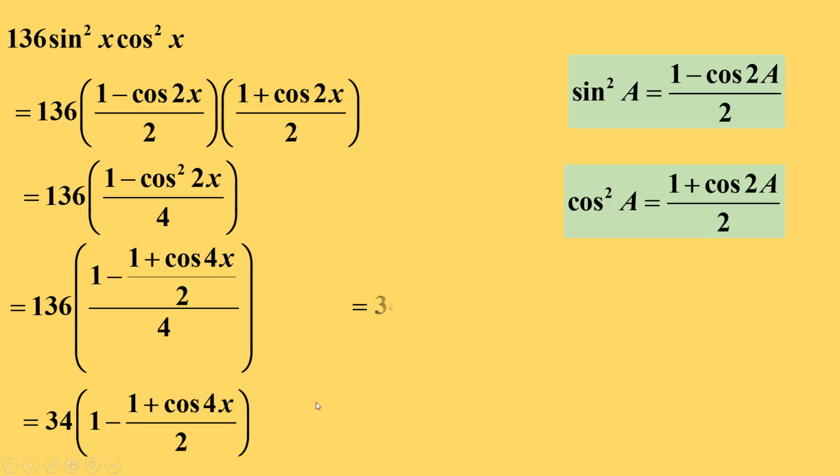Then I just need to finish simplifying this. It's 34 minus 17, because 34 divided by 2 is 17, times 1 plus cosine 4x. I need to distribute this minus 17. When I do, I end up with 17 minus 17 cosine 4x.